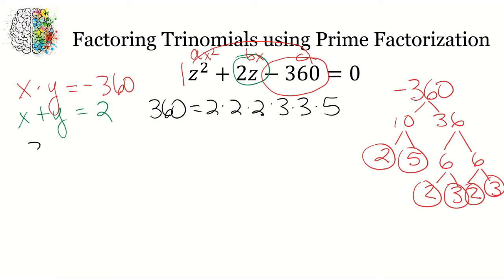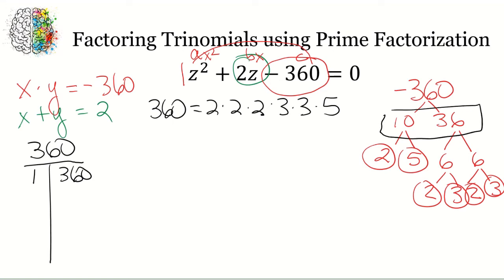So if we were to write down those factors just like we did before, we know that we can do 1 times 360, and we started with our first one, which was 10 and 36.